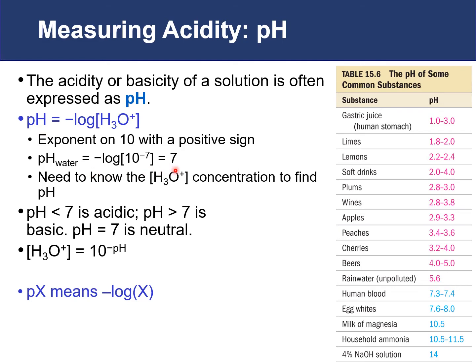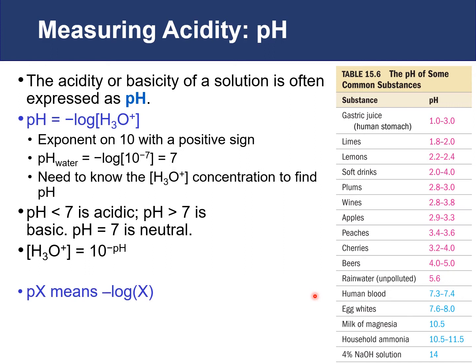So we're taking the exponent on the scientific notation and taking the negative of that exponent. What this allows us to do is have a positive number that indicates the relative concentrations of the hydronium ions in solution. So the closer the pH value is to 0 or 1, the more acidic the solution is going to be. If we look at a variety of common substances, for example, human blood has a pH of 7.3 to 7.4.